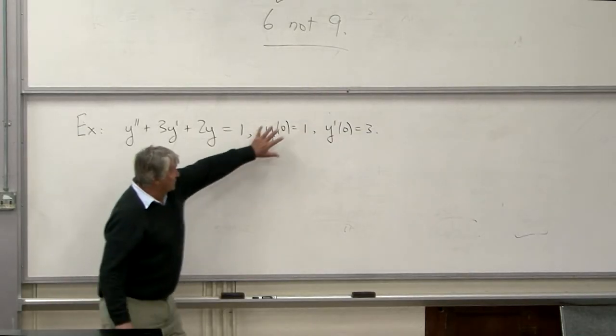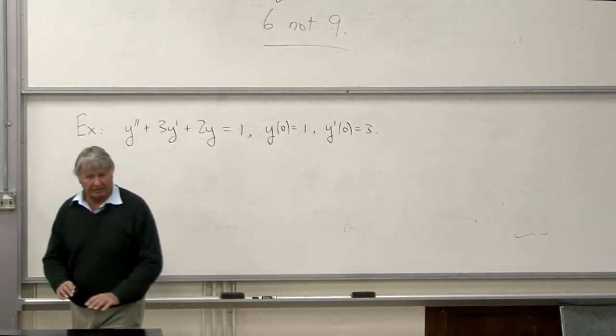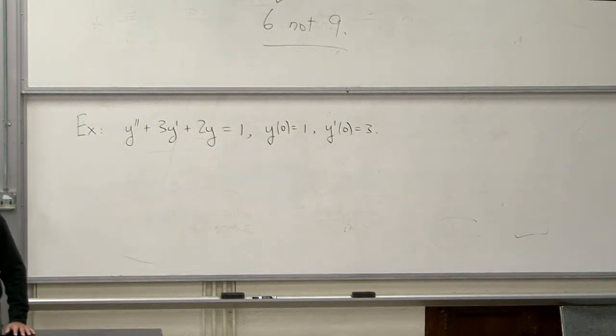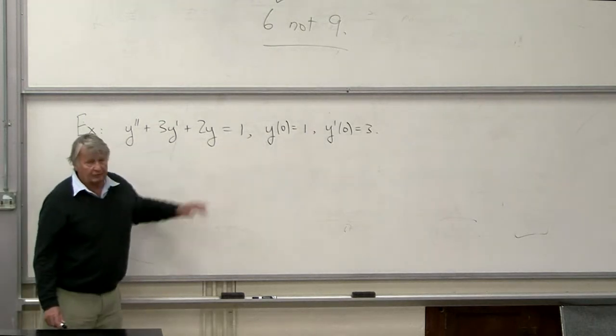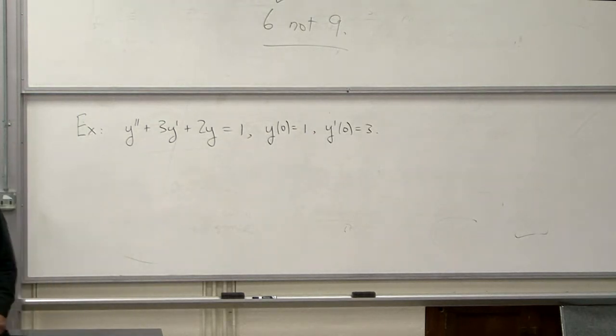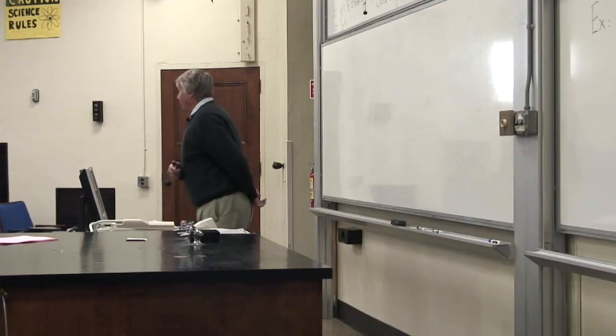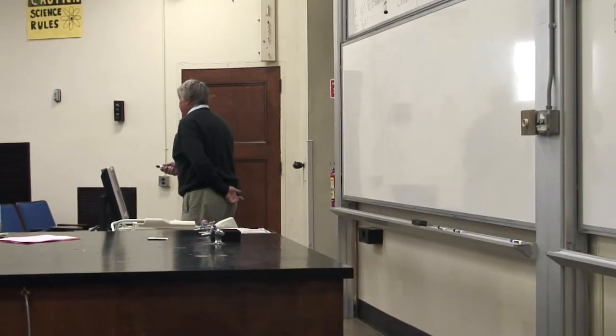The solution does not have to satisfy the initial conditions. It can satisfy any initial conditions. What would be a possible solution of that equation? It's a very simple one. Very good. y equals a half. See that? So in this case, our yp would be simply a half.